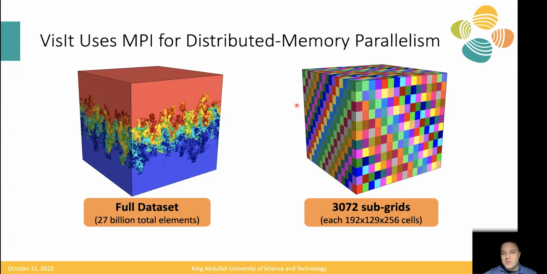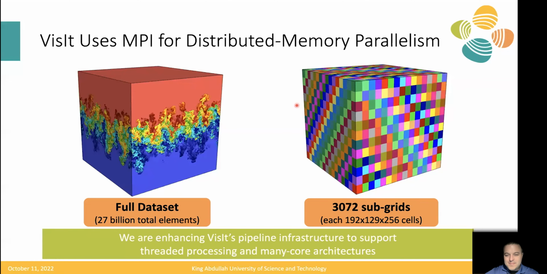And those blocks are loaded on different processes on a parallel machine. So if you're on ibex, for instance, you can load this data set, run it across 10 different nodes, have, say, 300 different processes, and each of those processes is going to load one or more of these blocks and do the visualization work on it. That's the way that you can load and visualize data that your laptop or desktop could never handle by itself.